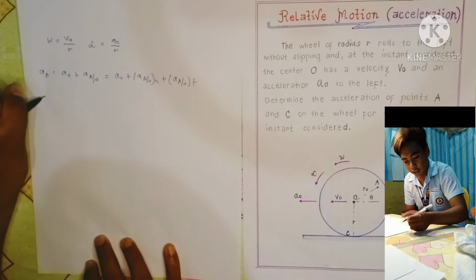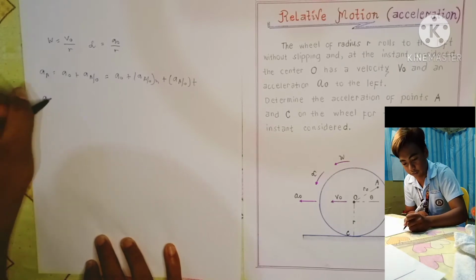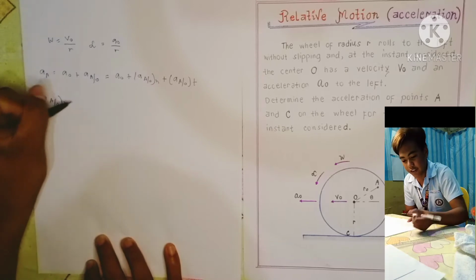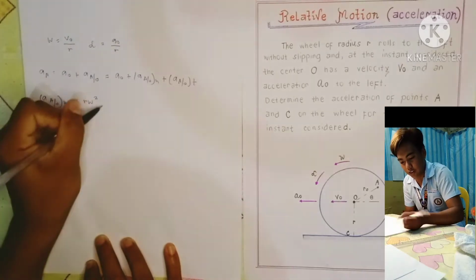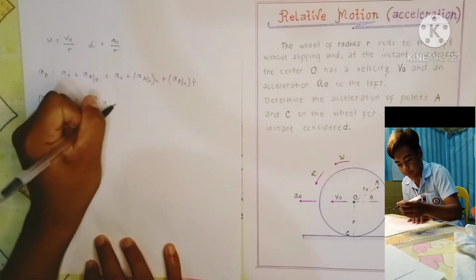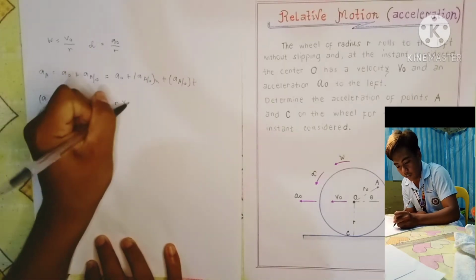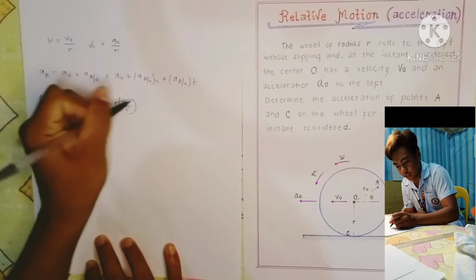So the relative acceleration of A over O normal is equal to R W squared, which equals R times (VO over R) squared.